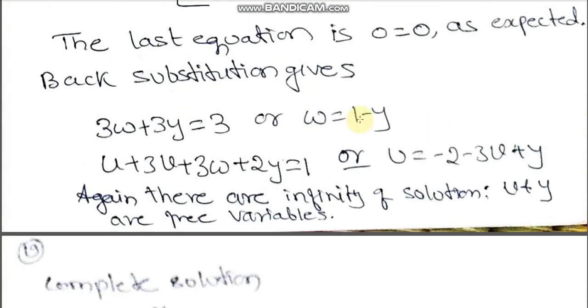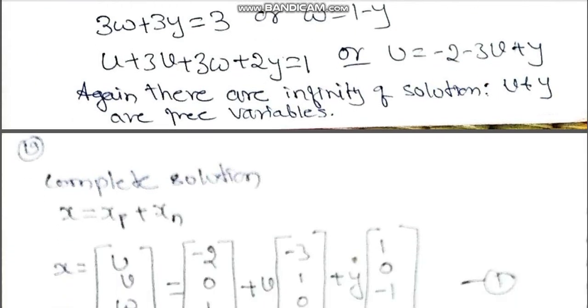You can see here the expressions you are getting: the value of u, that is minus 2, and the value of v, and you have w as well.